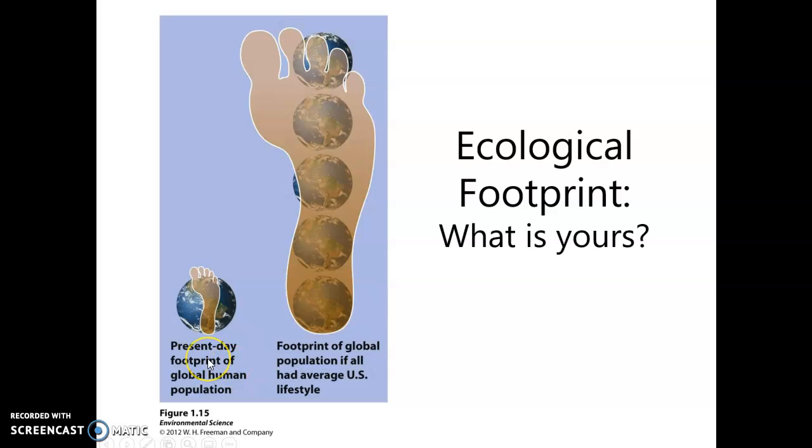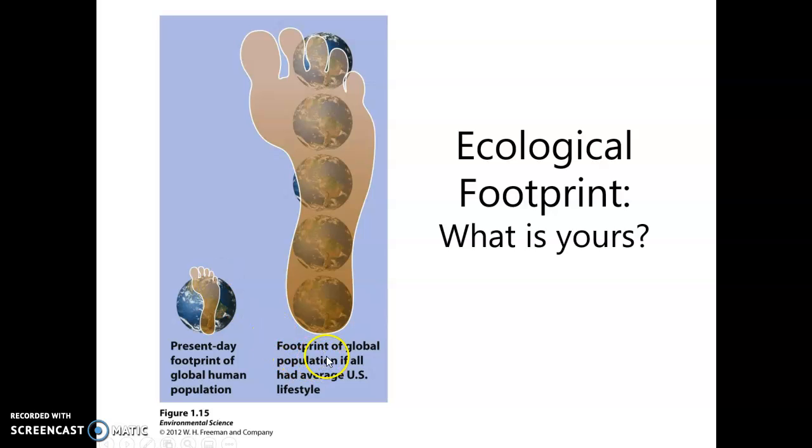So globally, a little heads up, the present-day footprint of the human global population is approximately one Earth. So approximately, if everyone's resource use was combined together, we have enough resources to maintain the current status quo as is.